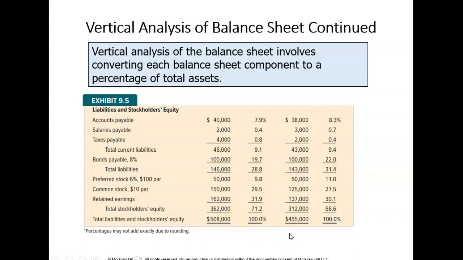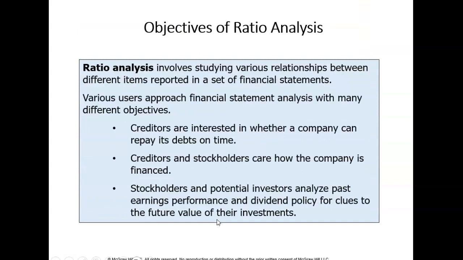So with a vertical analysis, you're comparing each line item as a percentage of a certain figure, such as your total assets or your total liabilities and owner's equity. So what is the objective of ratio analysis? Well, it shows the relationship between different items reported on the financial statements. Depending upon what type of decision you're going to make, certain information is going to be more relevant or material than others.